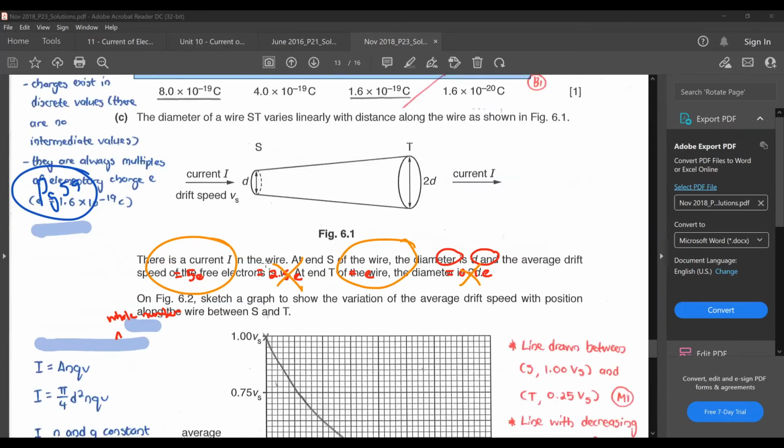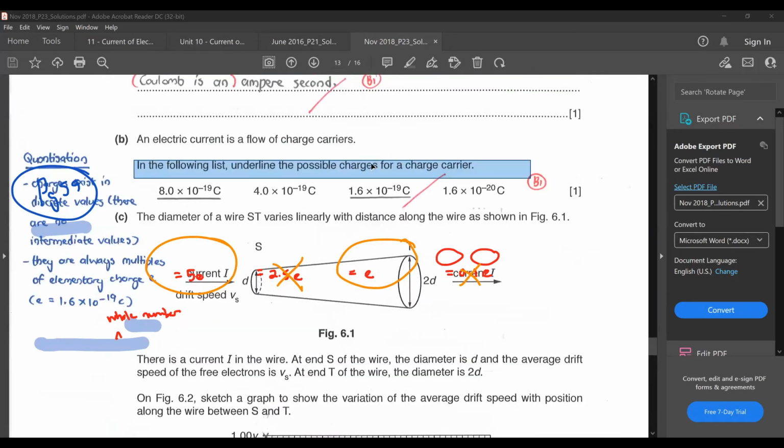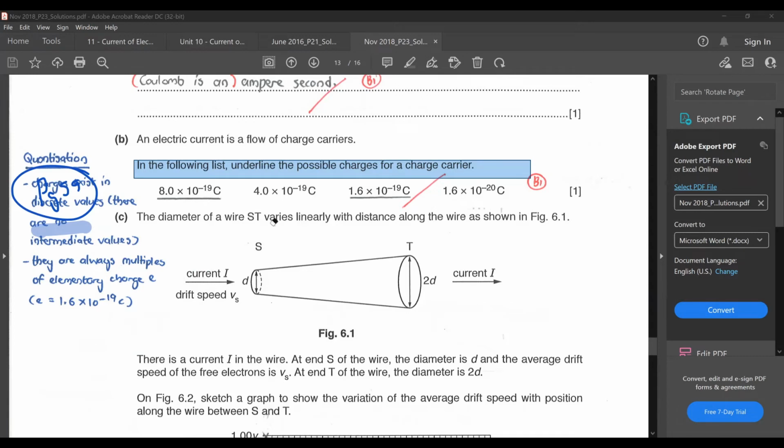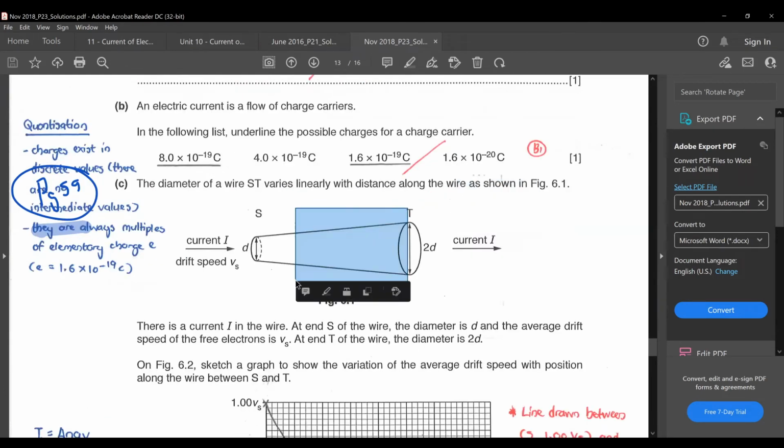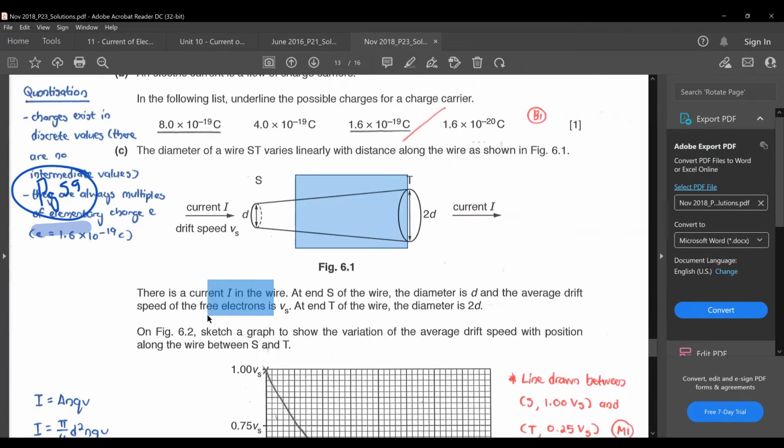The one that we want to do is the one below here. That one is talking about graph drawing. The diameter of a wire ST varies linearly with distance along the wire as shown. You have a conductor whose diameter varies with distance. There is a current I in the wire.